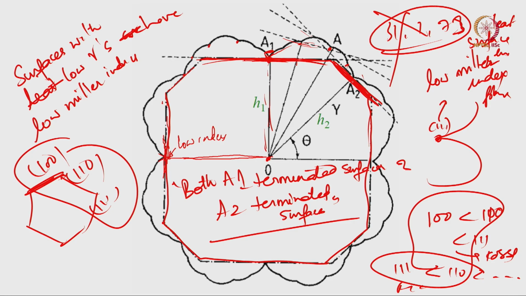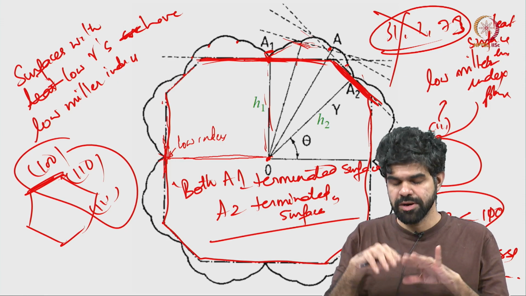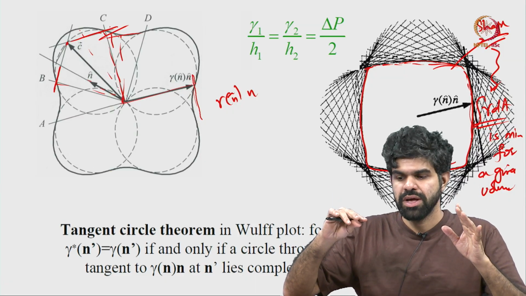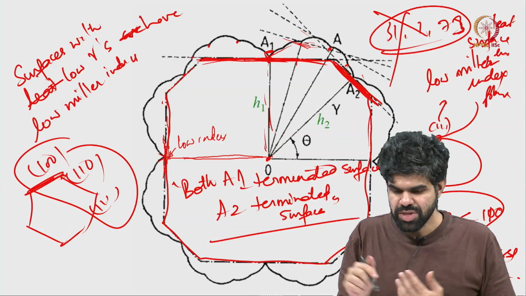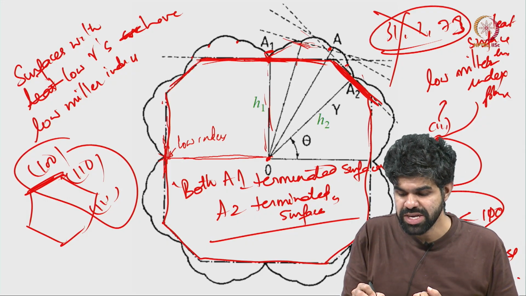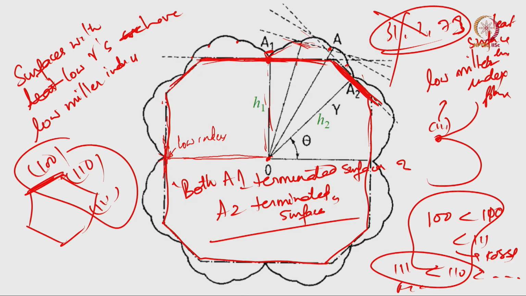So I go to these cusps and then I draw the normals, but you can see that wherever I draw the perpendiculars, not the normals, the eventual shape will not be the superposition, but the internal envelope of all these normals. So that is this. But in this case you actually see that A1 although has least surface energy, gamma of A1 is less than gamma of A2, but both A1 and A2 are terminating the surfaces, it is not just A1.